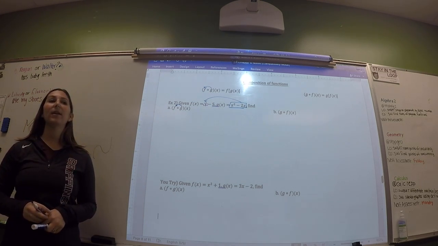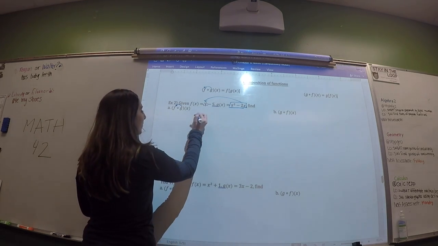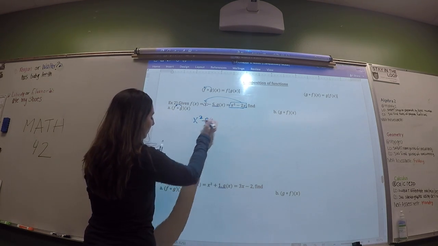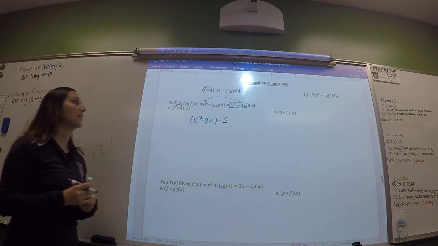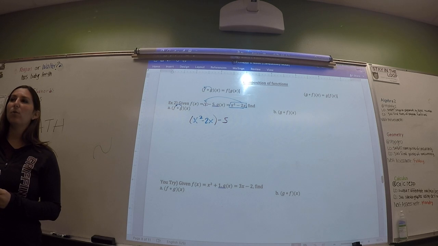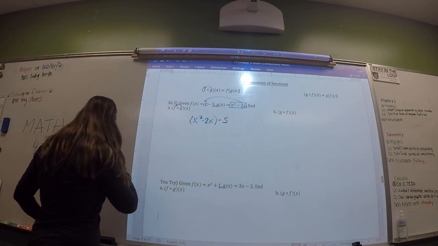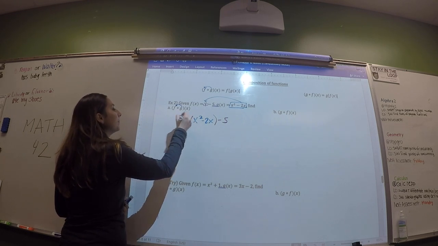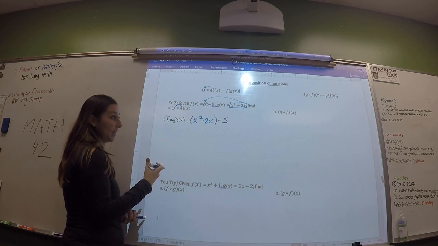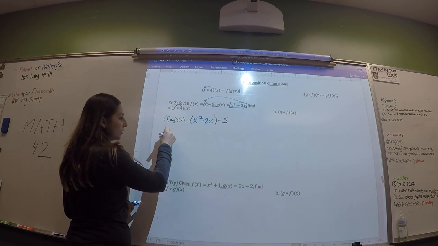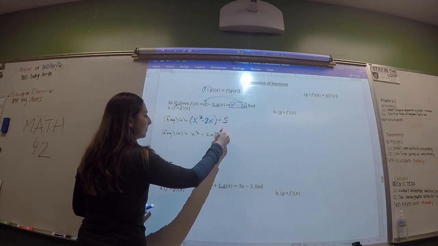So instead of having x minus 5, you substitute in g for this x. Instead of x minus 5, you have x squared minus 2 minus 5. Then you would simplify. There's not too much you can do to simplify that. I would just take the parentheses out, and you're done.